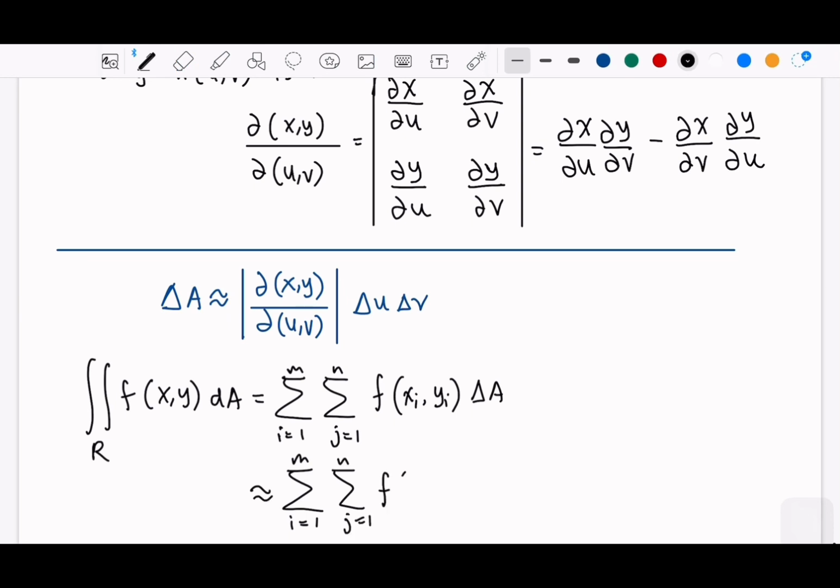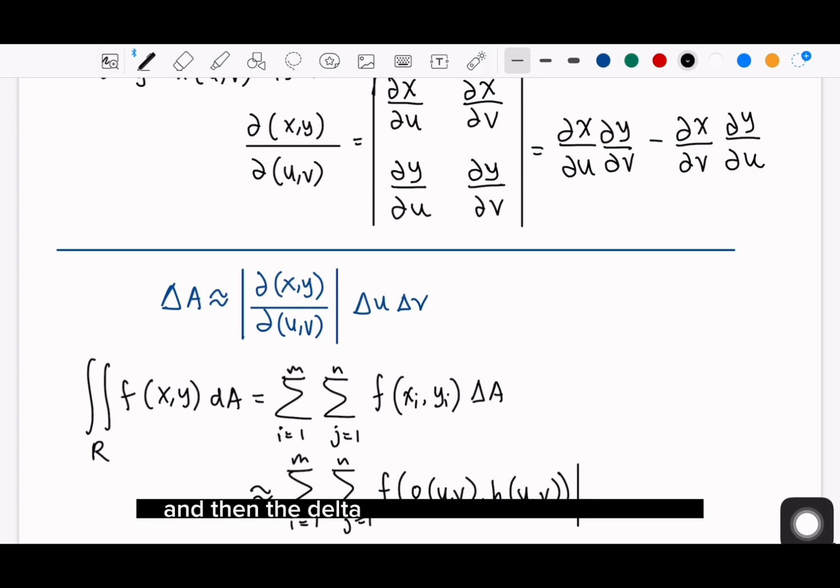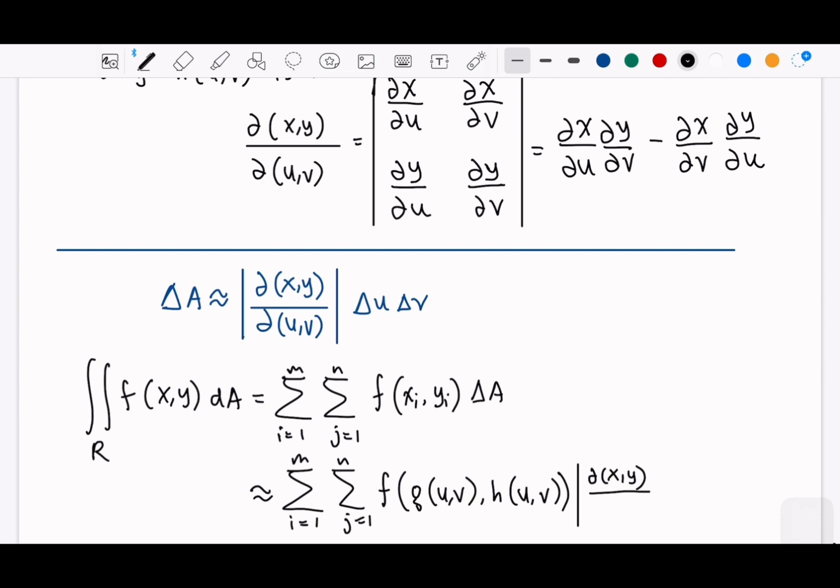So the x we change into a function of u, v, y also changes to a function of u, v. And then the delta A can be written as the Jacobian times delta u, delta v.